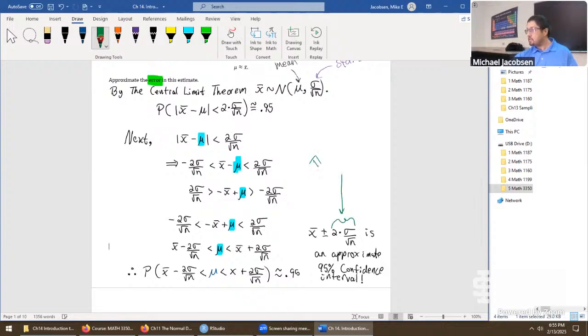So this is the margin of error, is how we like to call it, of error in making the estimate from right over here, that mu is approximately equal to x bar.